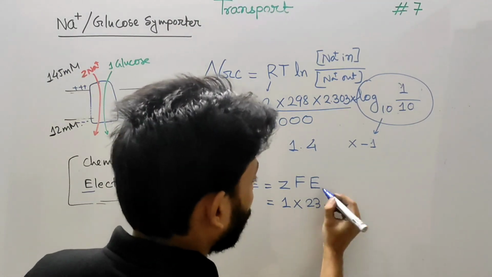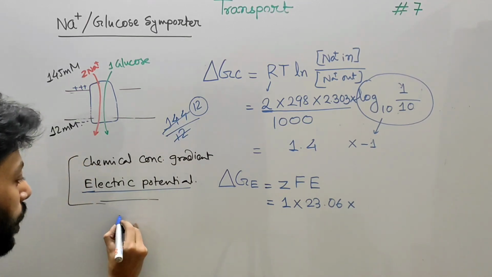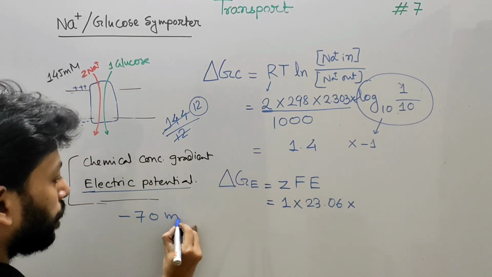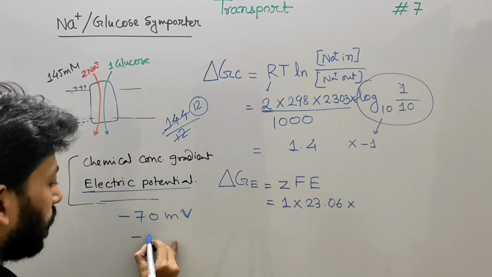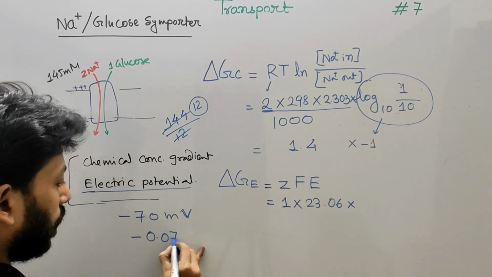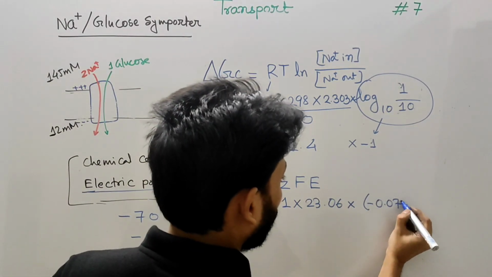And E is the electric potential at resting membrane potential, that is about -70 millivolt, but we will convert it into volt. So it is about -0.07 volt. So we will multiply by -0.07 volt.